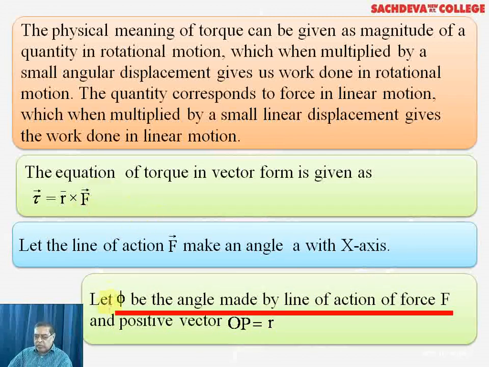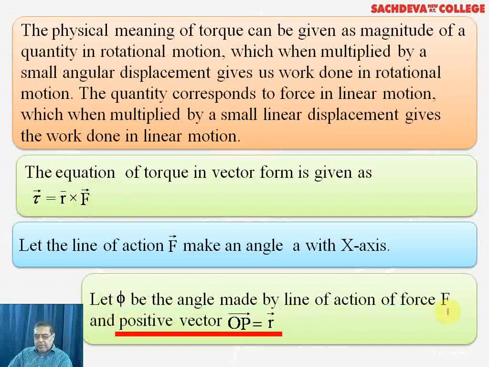Now, if we assume that phi is the angle made by the line of action of the force, then the positive vector OP is given by vector R. That is the position vector. It will be more clear in the figure.